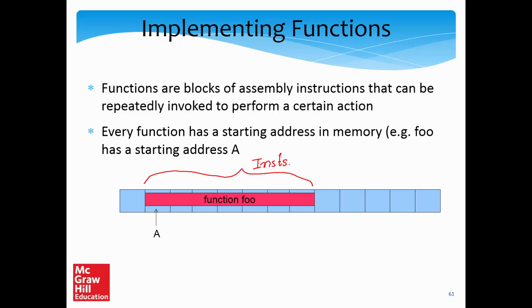All the instructions we put in a continuous region of memory, and this region starts at this point, the first byte, which is the beginning of the function. Traditionally, foo is the name of a function when we give an example. So this continuous region of memory stores all the instructions of the function. The data is stored somewhere else, we'll come to that. And any function will be identified by the starting address of its first instruction.